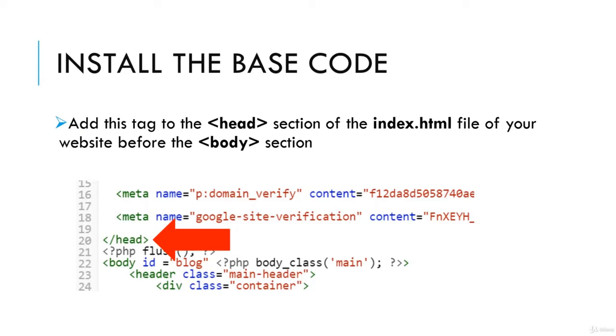So as you can see in this example, I click the editor option under the appearance menu on the back end of my WordPress website. I click the theme header file, header.php. Then I paste this Pinterest tag right before the closing head tag.